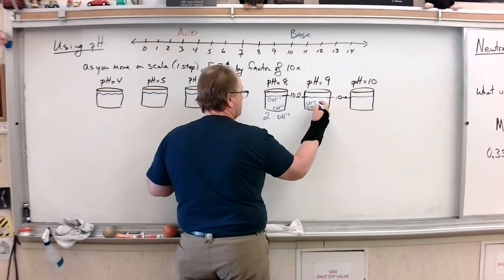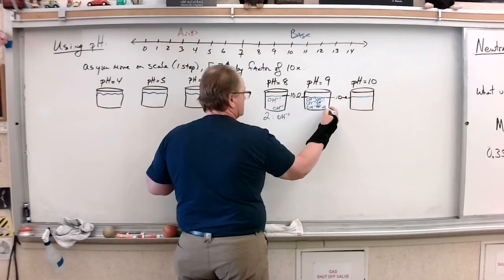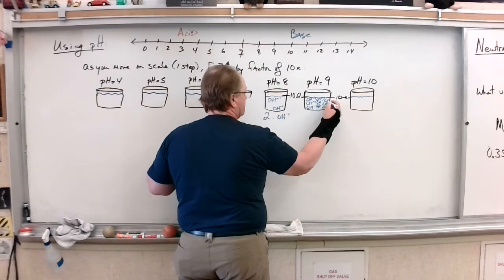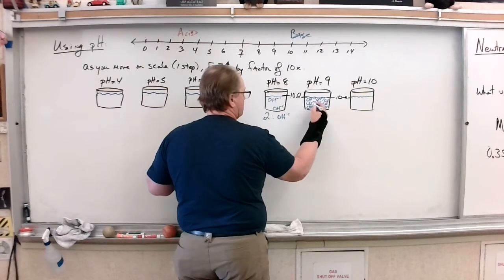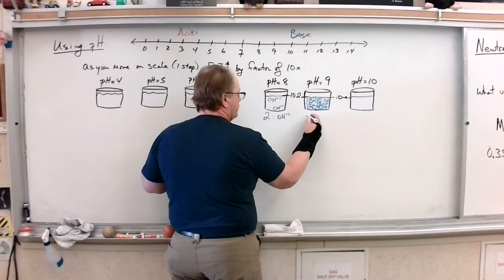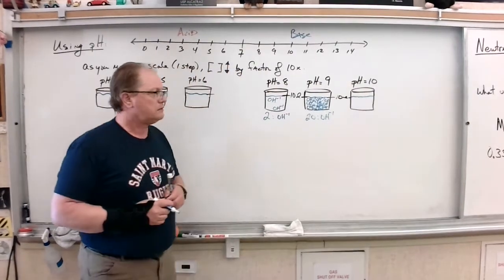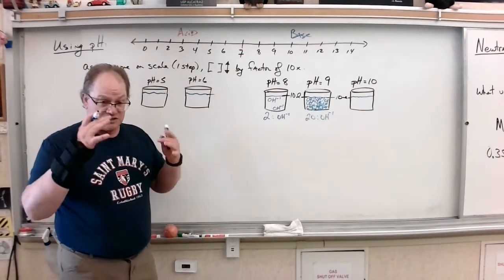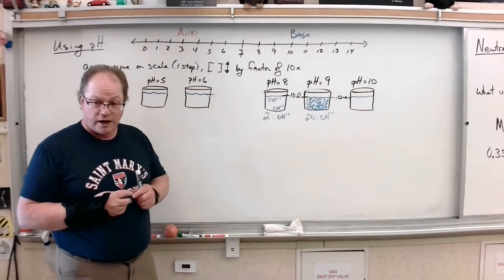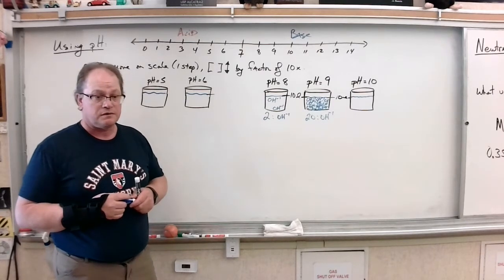There's actually 20 of them. 10 times more. I've got a lot of hydroxides to cram in here. There are 20 hydroxides in there, in that same volume. Why? Because it's 10 times more concentrated.